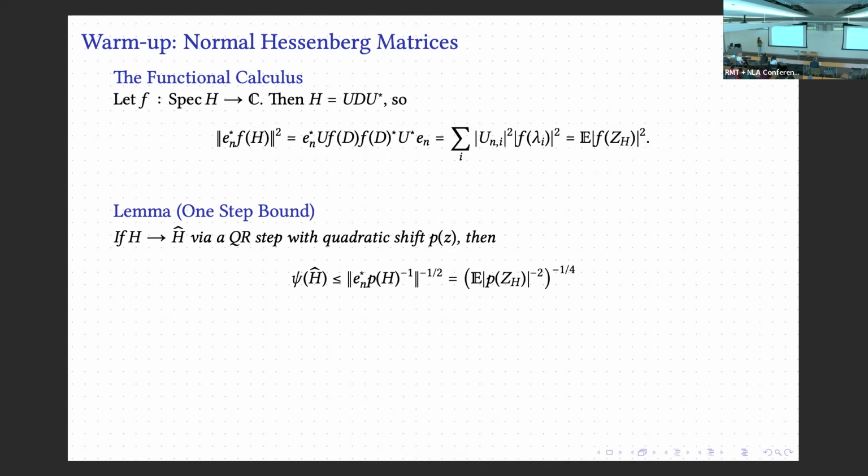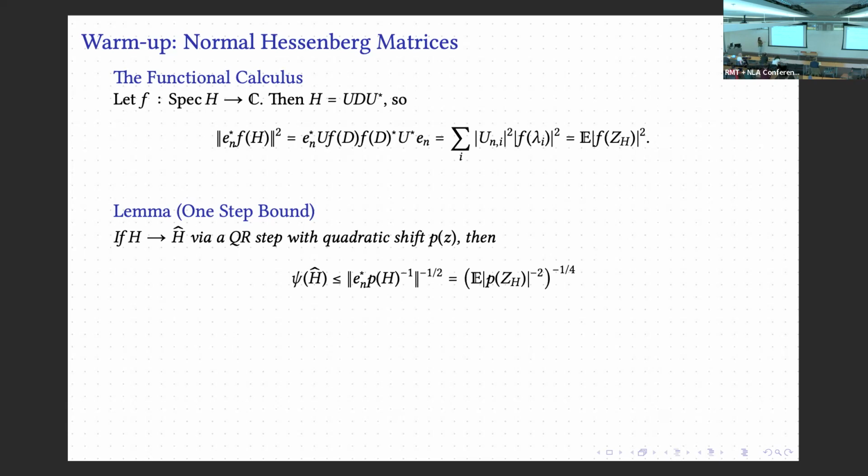Okay? And what you'll find if you do a little calculation is that the potential of the outcome of this, you can bound in terms of one of these row norm like quantities, that depends on this polynomial p that you use to shift.